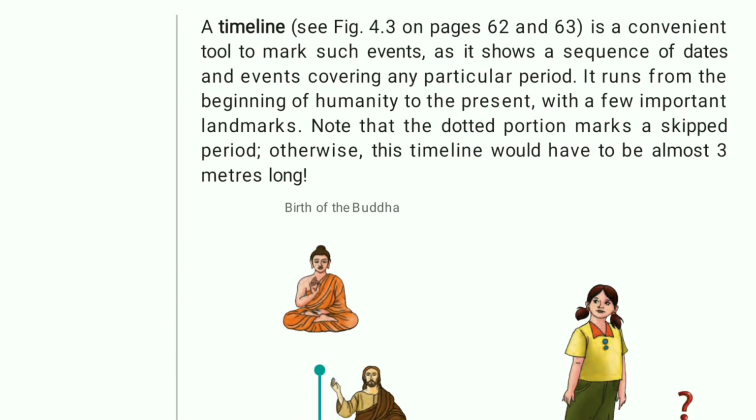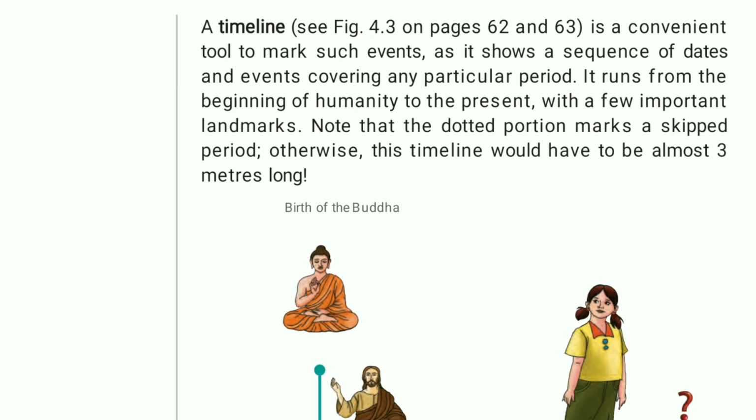A timeline, see figure 4.3 on pages 62 and 63, is a convenient tool to mark such events as it shows a sequence of dates and events covering any particular period. It runs from the beginning of humanity to the present with a few important landmarks.